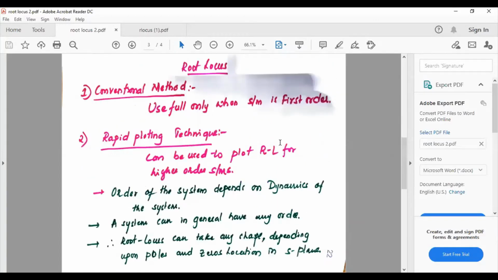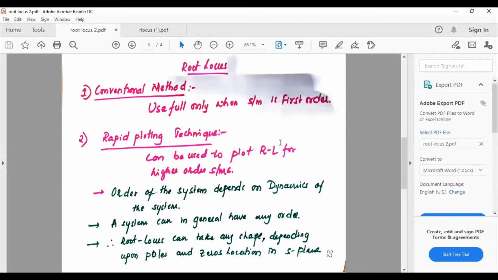Fine. So next, moving on to the other part of the root locus. Whatever we have done till now is the simplest or conventional method. It is useful only for a first order system or wherever there is less calculation, because we have to formulate the characteristic equation in terms of S. That formulation is easy only when the order of the system is 1.